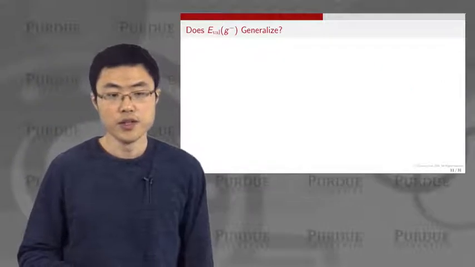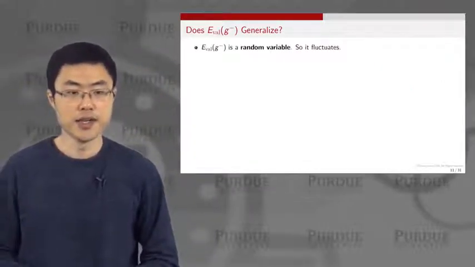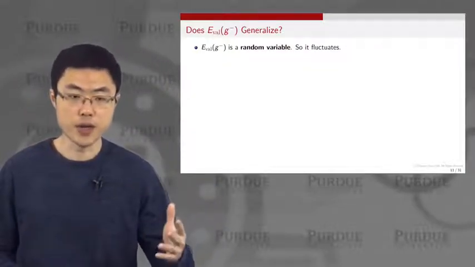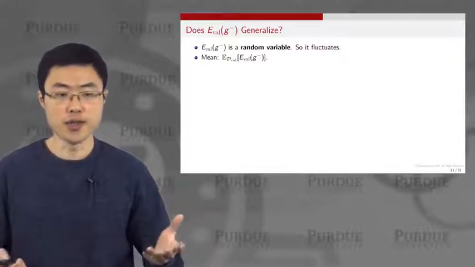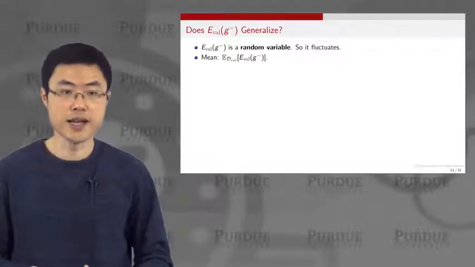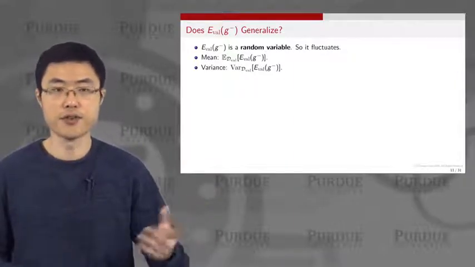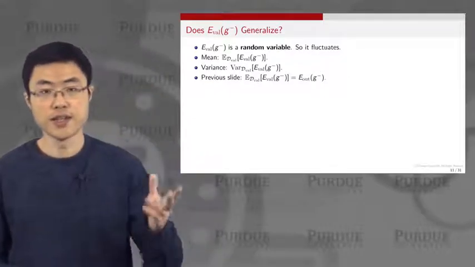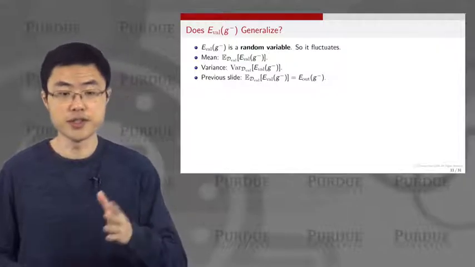So does validation error generalize? Yes. In itself, it is a random variable, and therefore it fluctuates. The mean is this quantity, and we show that it is an unbiased estimator. And then we show that the variance is this, and it's decaying as a function of 1 over K. The previous slide says that the expectation of the validation error is just the outsample error.